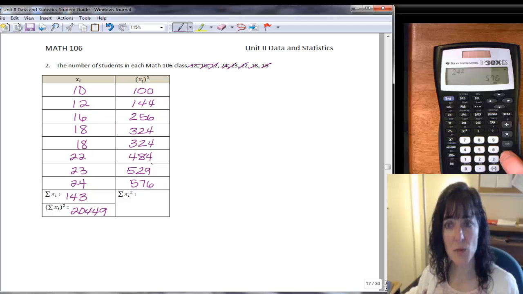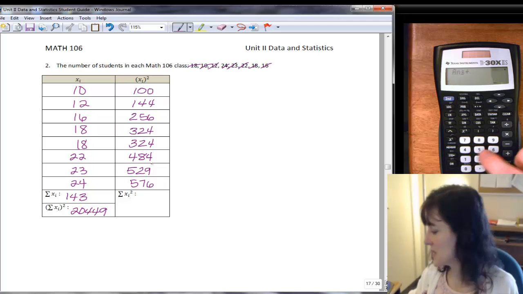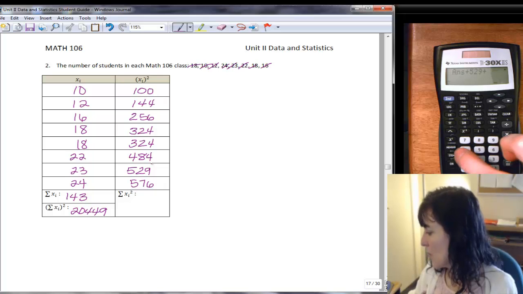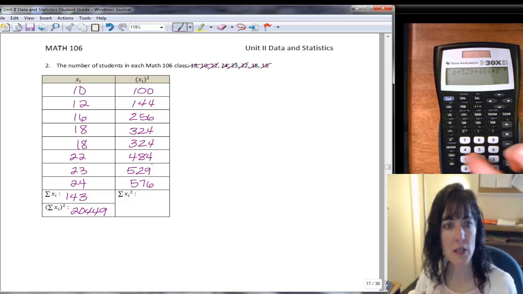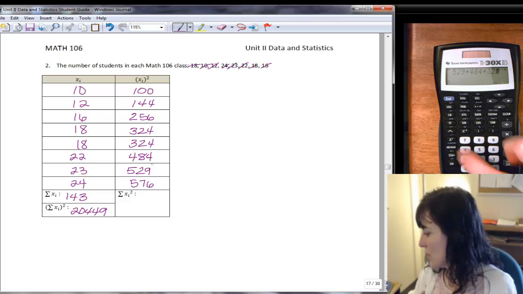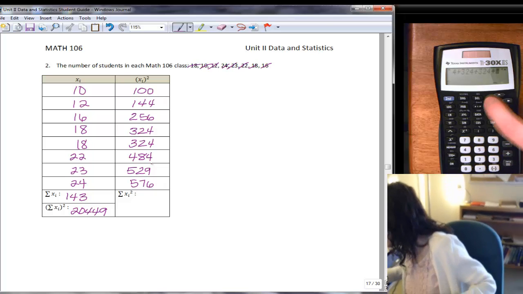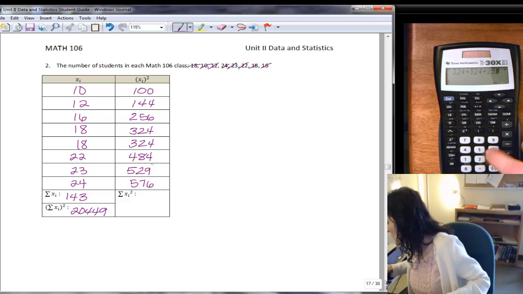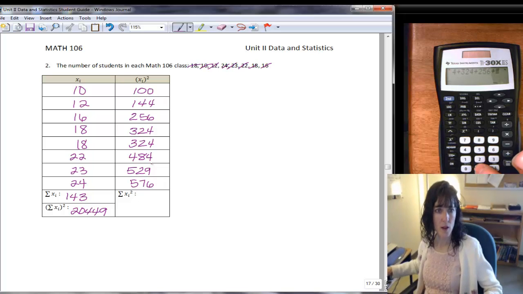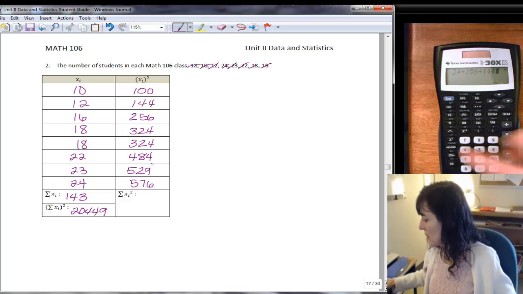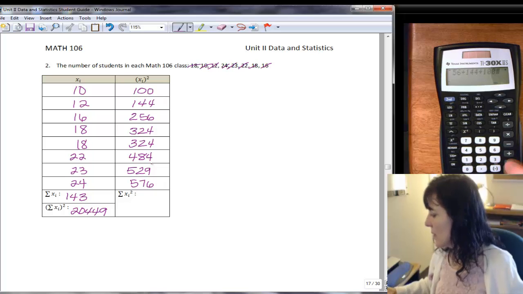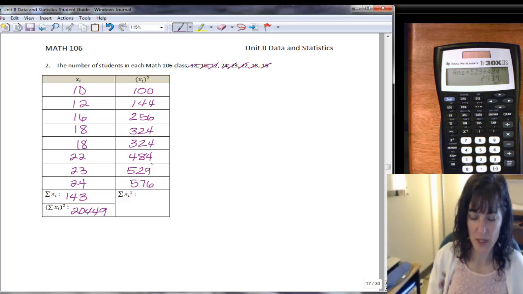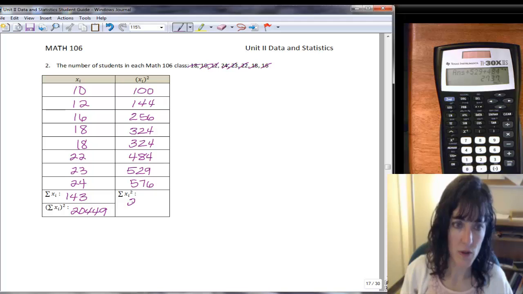So I have that last one on my calculator already, so I'm just going to say plus and maybe go backwards. 529 plus 484 plus 324, 256, 144. Add all those and I get 2737.